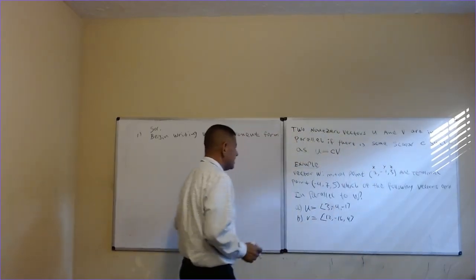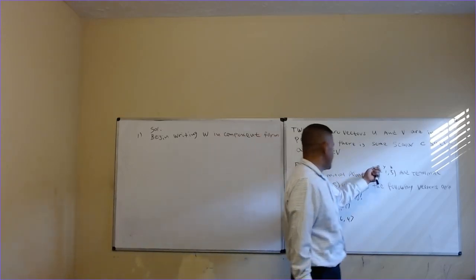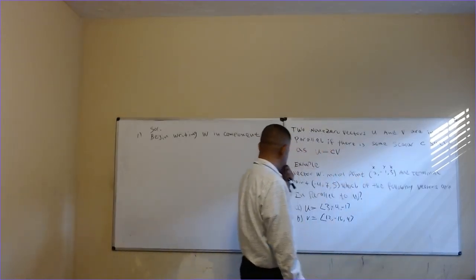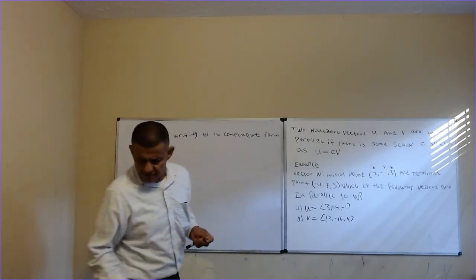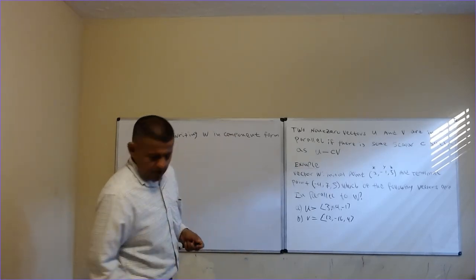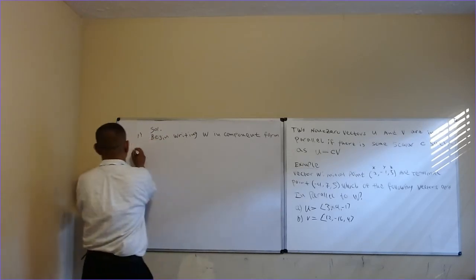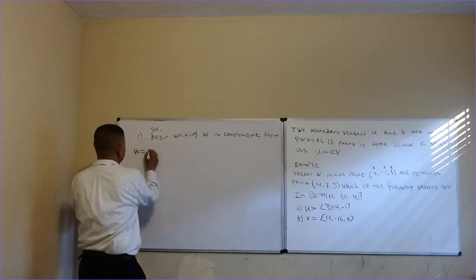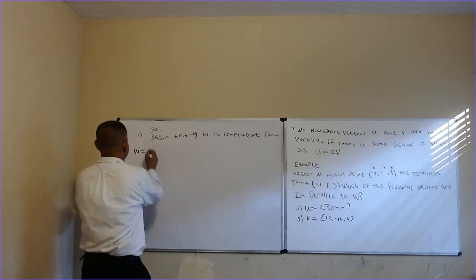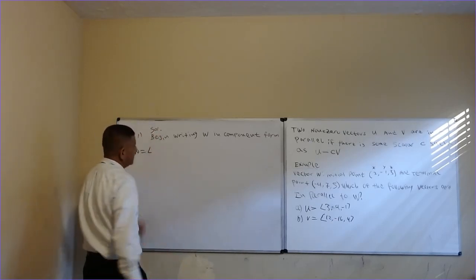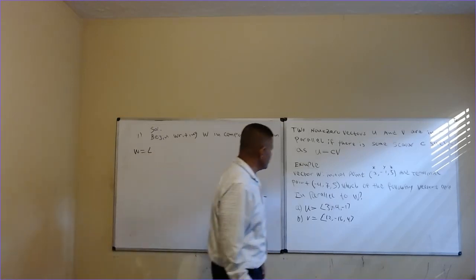So based on that, I have 2 points, right? X, Y, Z. Now, how do I find the component form of that vector? So W is equal to what? Now I have to do something like that and get my points, right? Where are my points?